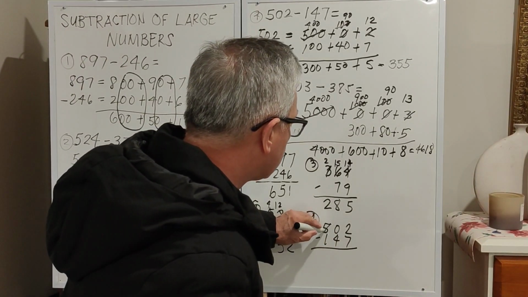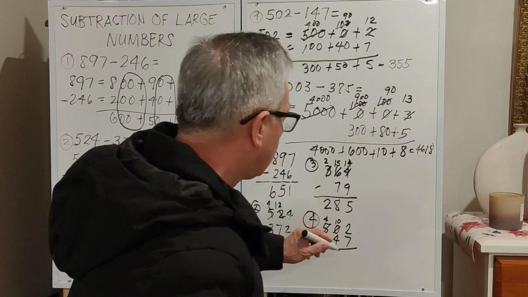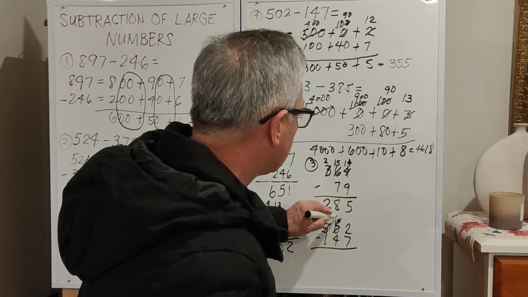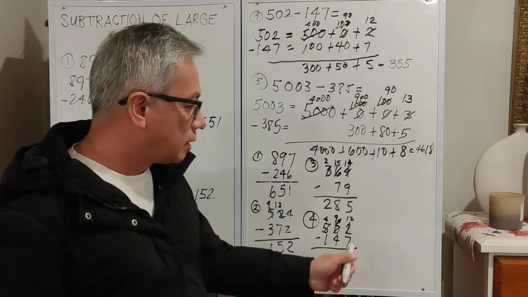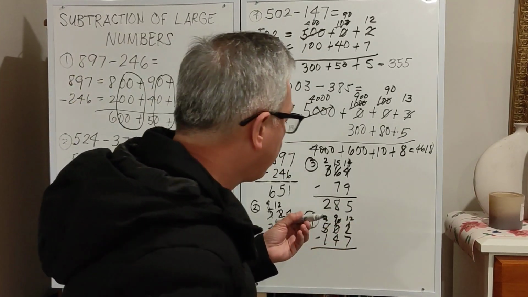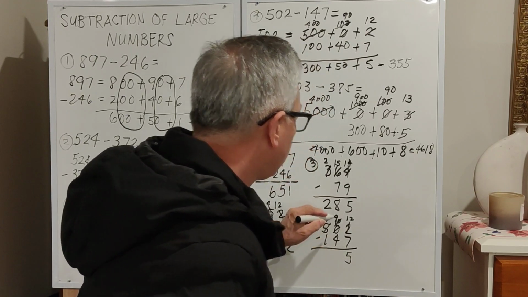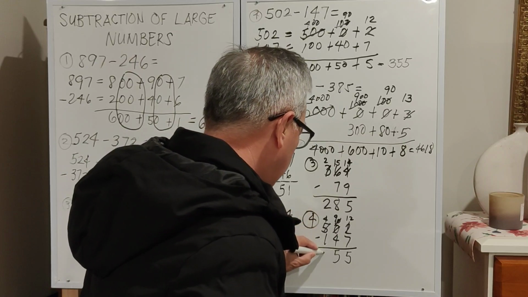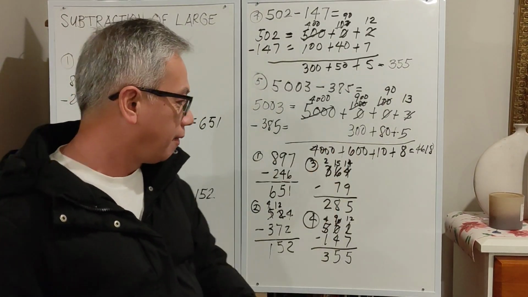So 5 becomes 4, 0 becomes 10. So 2 can now borrow from 10. 10 becomes 9, and 2 becomes 12. So 12 minus 7 is 5. 9 minus 4 is 5. And then 4 minus 1 is 3. So 355, same as this one.